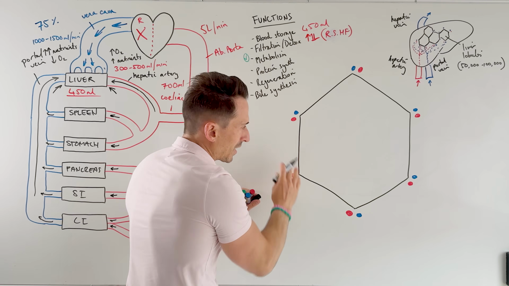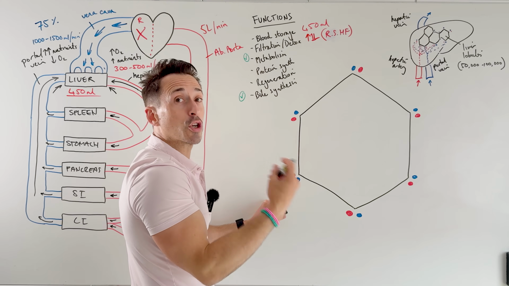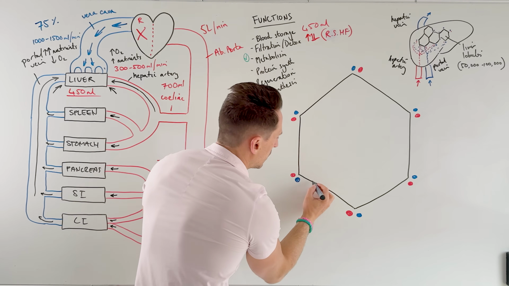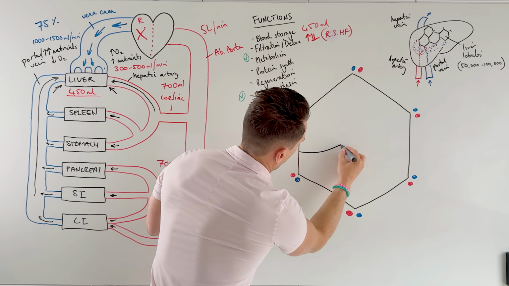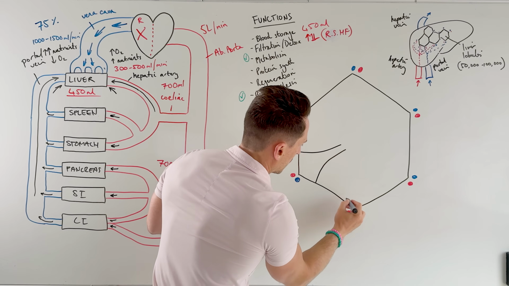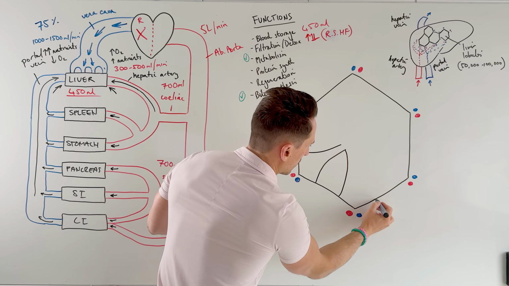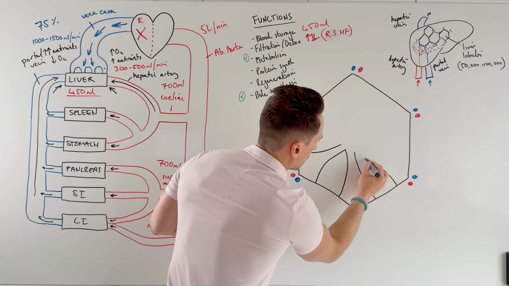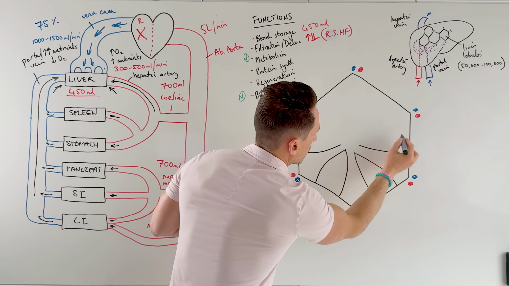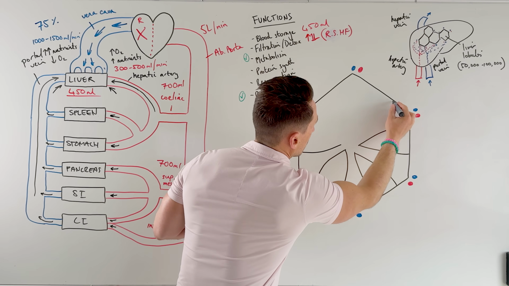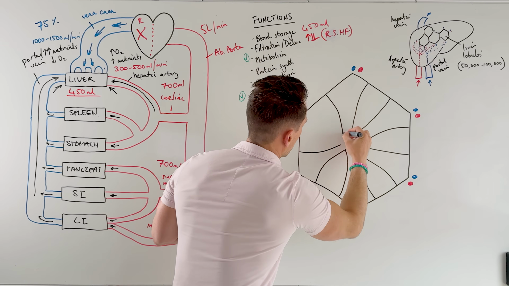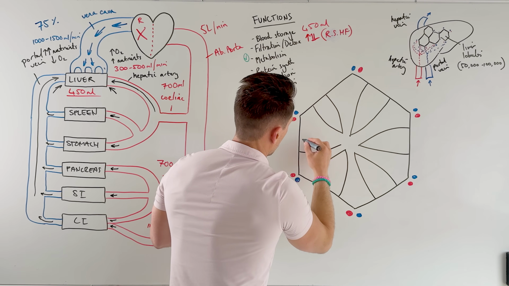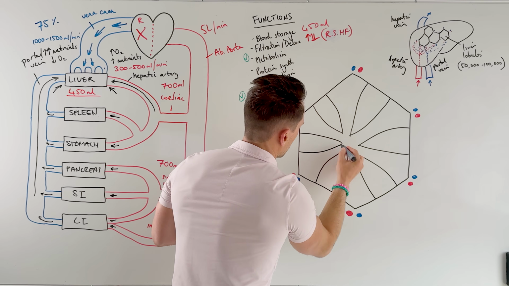So these lobules contain what's called sinusoids. Sinusoids. So the sinusoids look a little bit like this. There we go.